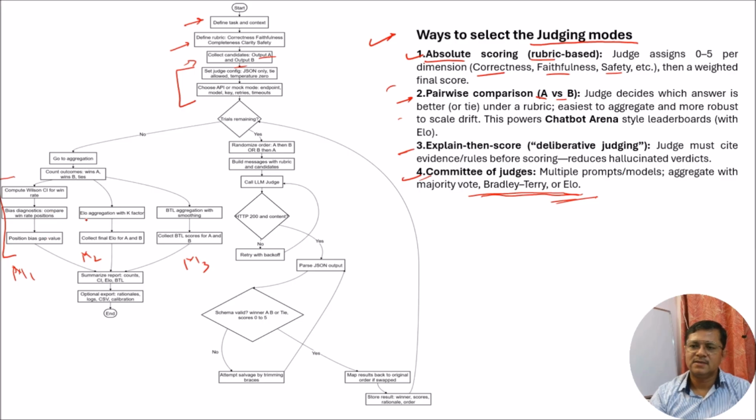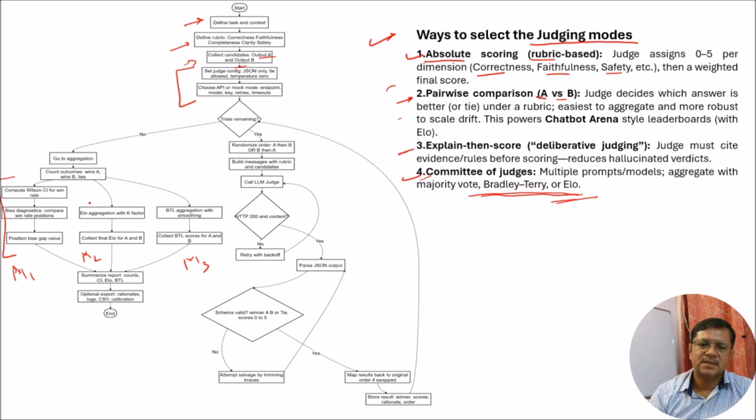So what is the confidence interval? Such computations generally create a huge bias. So that's why we added a bias diagnostics model. And after that, there is another thing like a position bias gap value. We will discuss bias in a later section, and how it plays an important role.